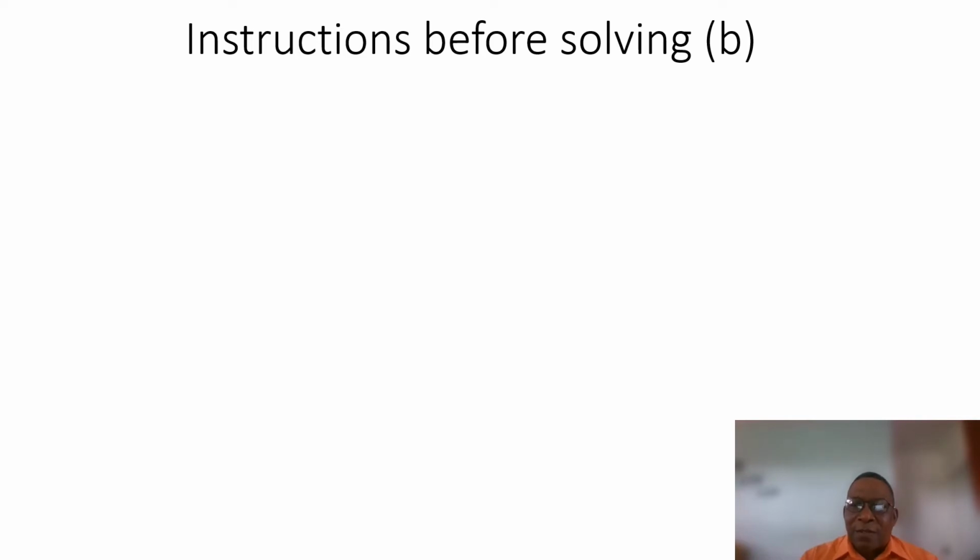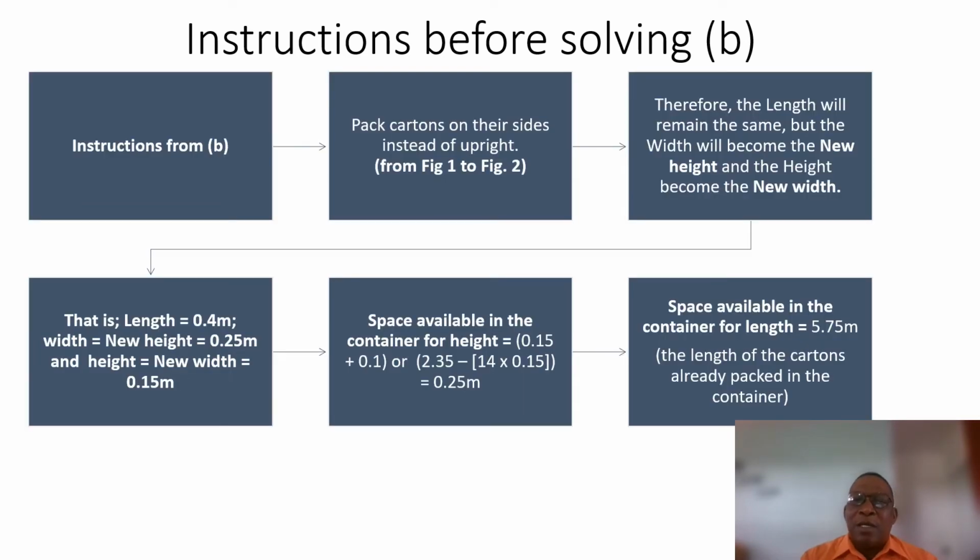What will change is that the initial height and the initial width will become a new width and a new height. So what was the height initially will become the width.